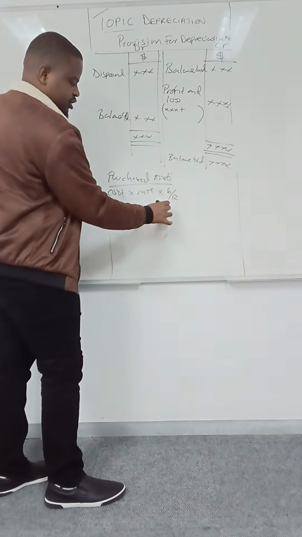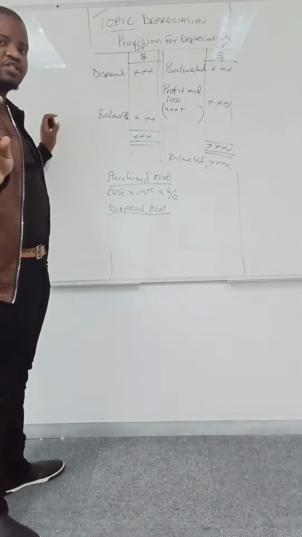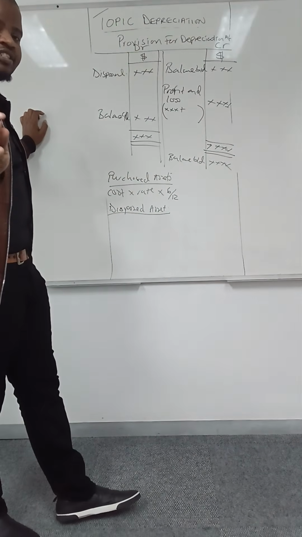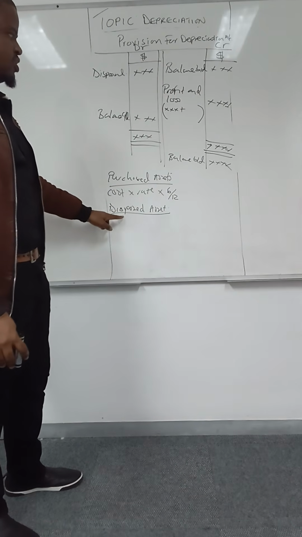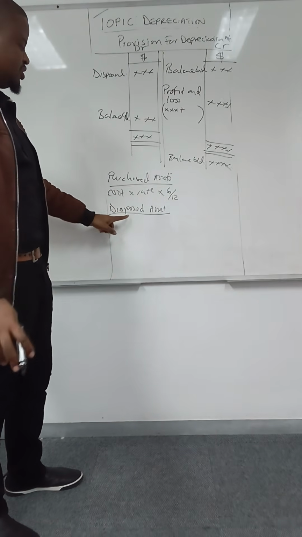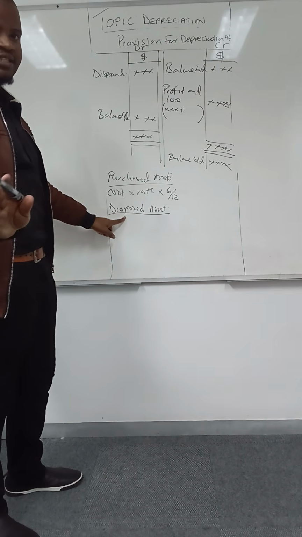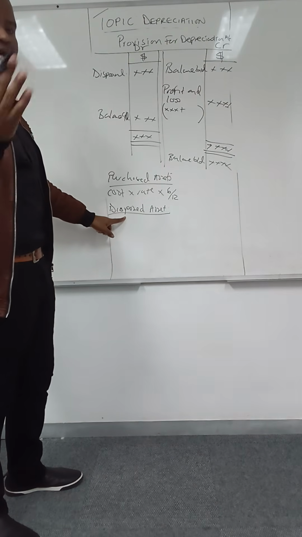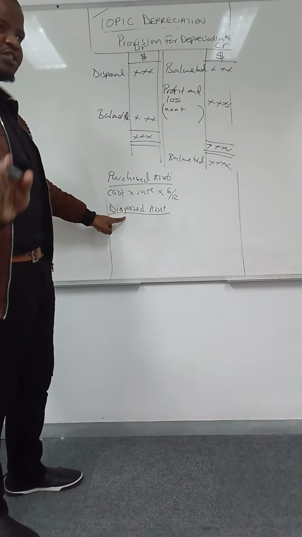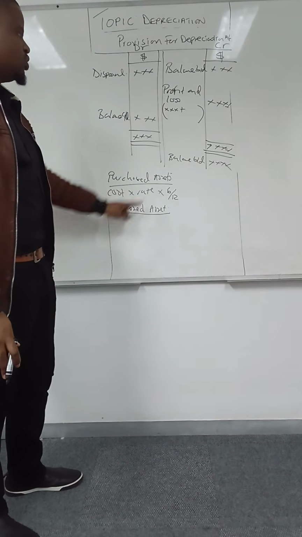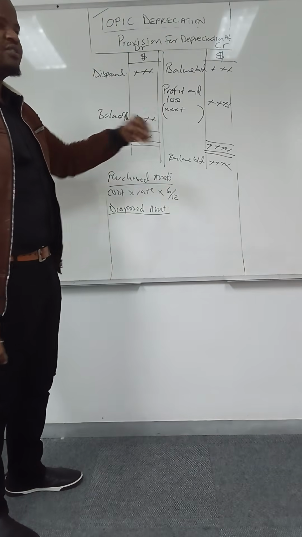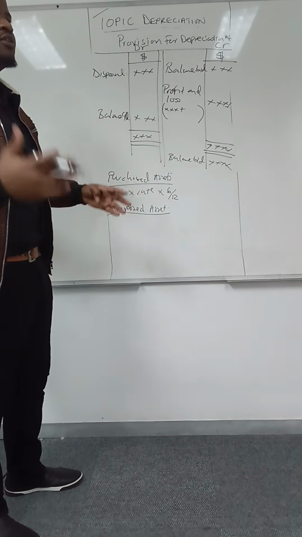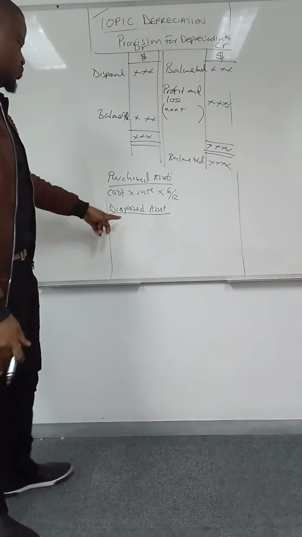Let's say in a condition, if the question is silent about charging depreciation in the year of disposal, it means you include it. But if it specifies that we are not charging, it means we don't want to see depreciation here. Right. So assuming that the question says let's charge depreciation in the year of disposal.